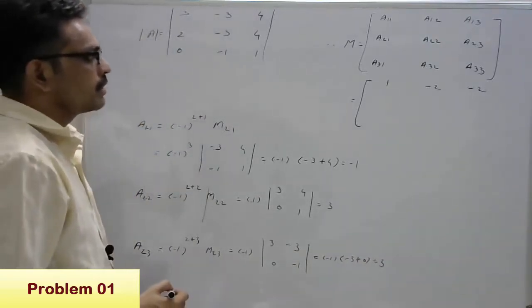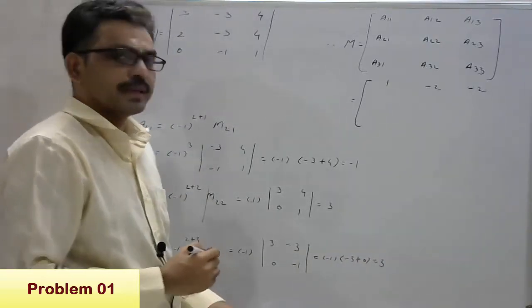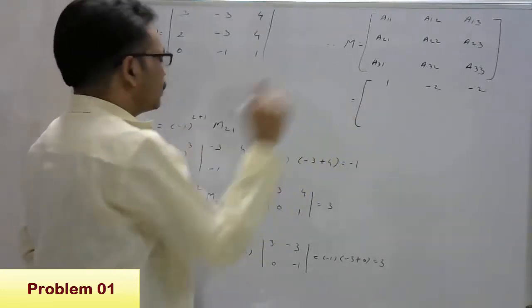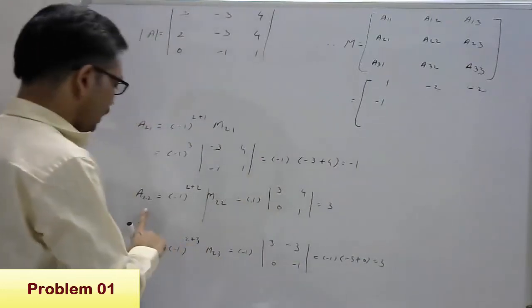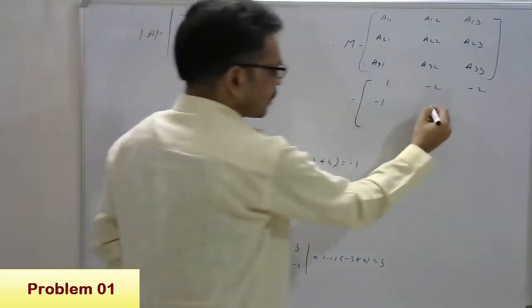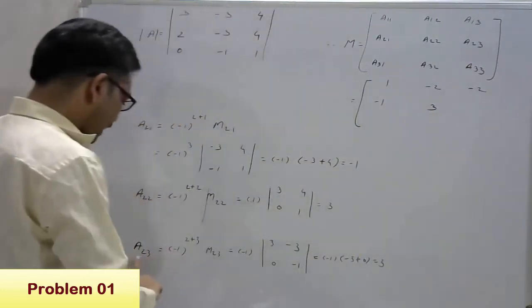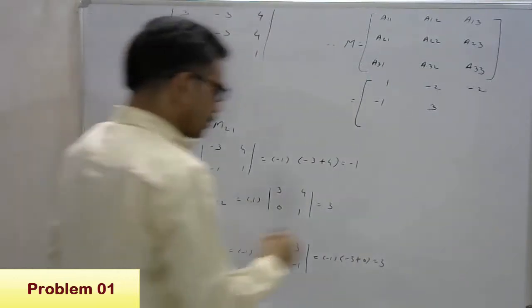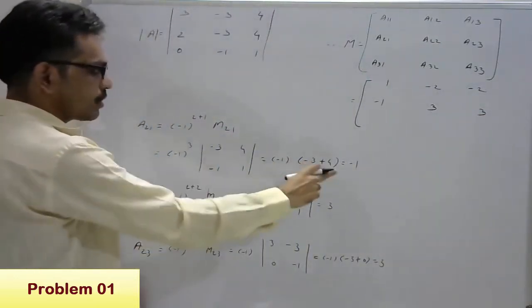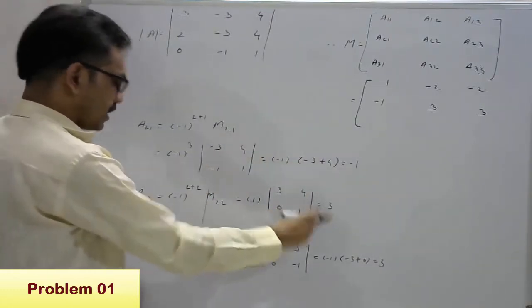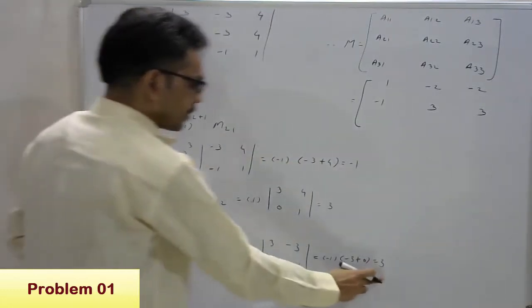Therefore, the cofactors of the elements: A21 is equal to minus 1, A22 is equal to 3, and A23 is equal to 3.